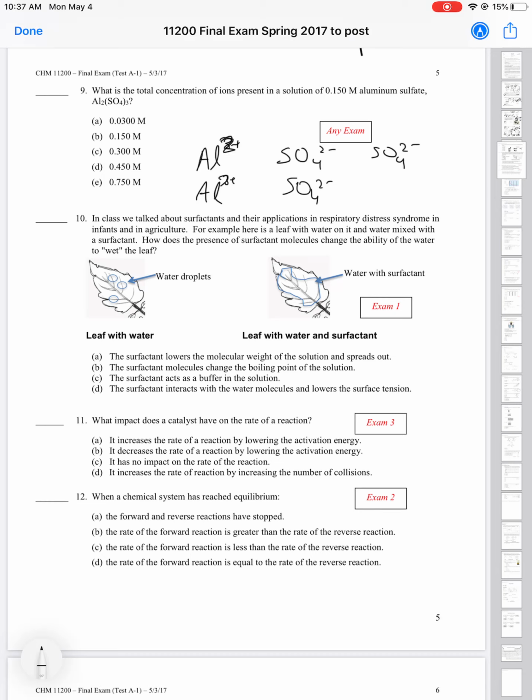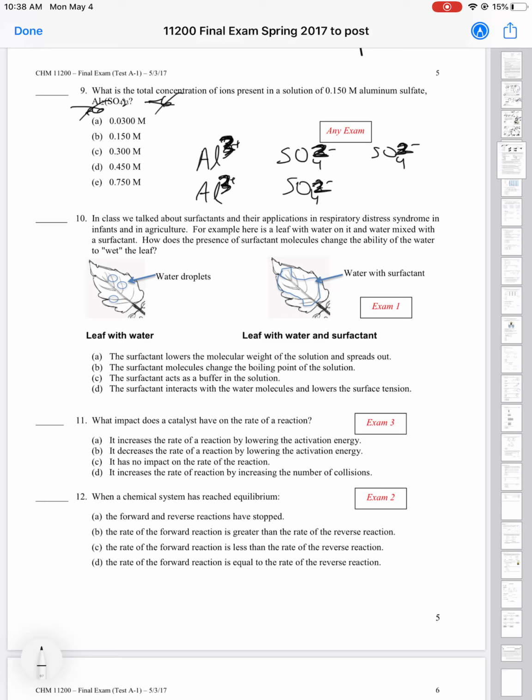Sorry, it's going to be 2 and 3, isn't it? When you multiply 3 times its charge, it is 2, I was right. So when you multiply it by the charge, 3 times 2 is negative 6, and 2 times 3 is positive 6, so those will cancel out.